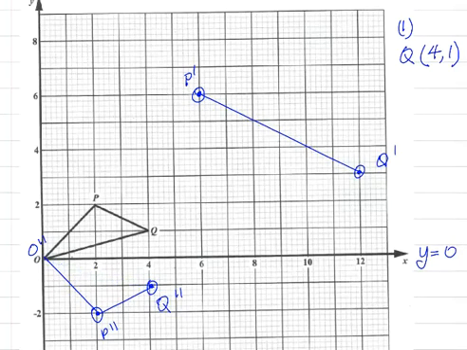We're having difficulties here with the line, but I think I'll get it now. So OPQ is the object, and O double prime, P double prime, Q double prime is the image.